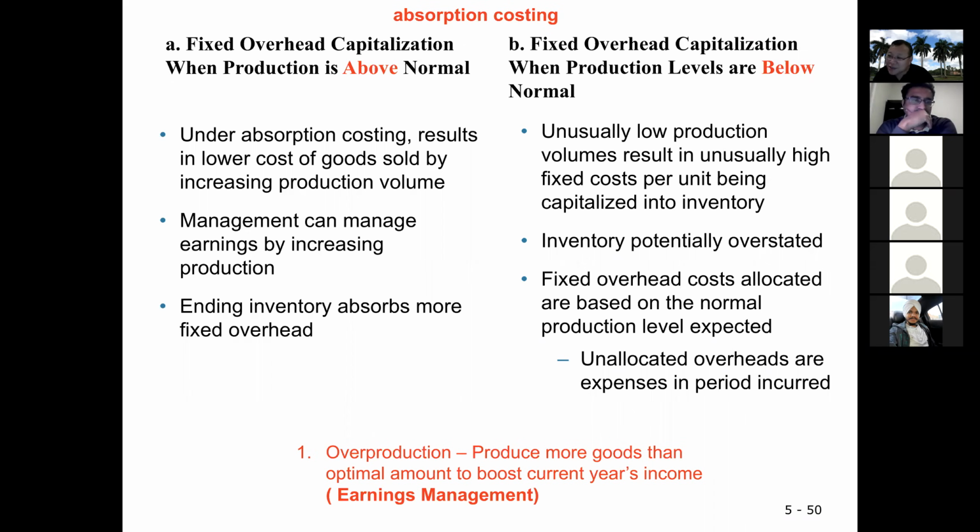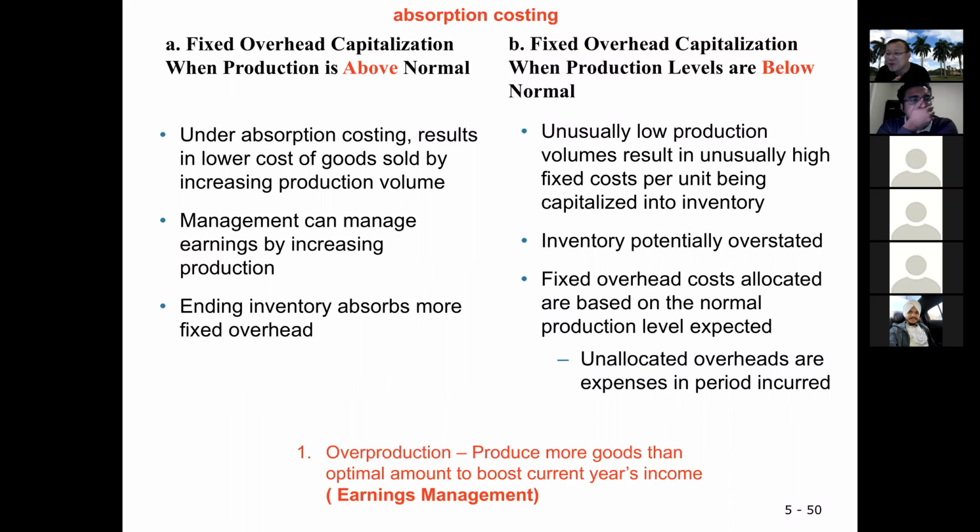Then this larger ending inventory will absorb a large proportion of the fixed overhead. So the amount of fixed overhead going through the income statement will be lower, your cost will be lower, and your income will be higher.